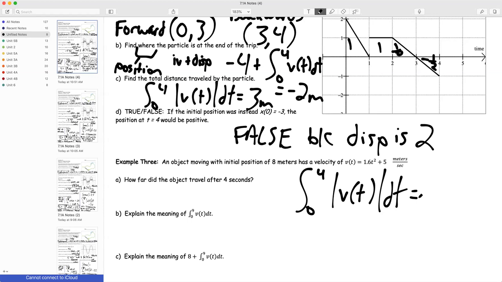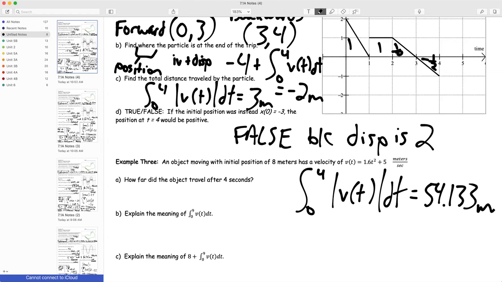And what do we get? 54.133 meters is what you should get. So now, do me a favor and calculate the displacement.